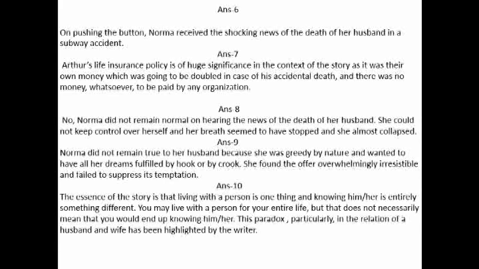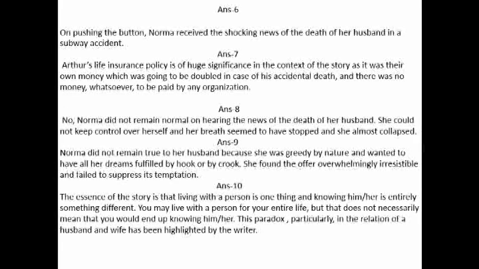Well, the answer is, Arthur's life insurance policy is of huge significance in the context of the story, as it was their own money which was going to be doubled in case of his accidental death, and there was no money whatsoever to be paid by any organization. I hope you get it.